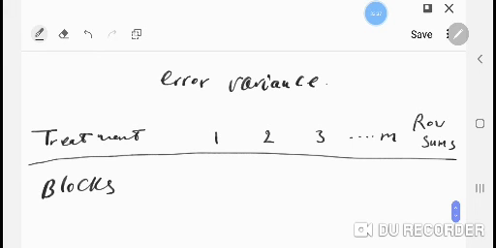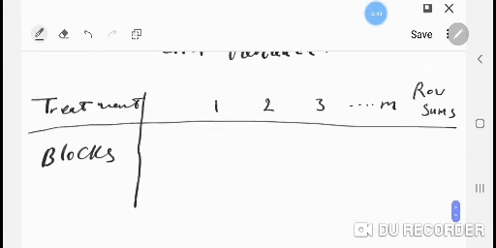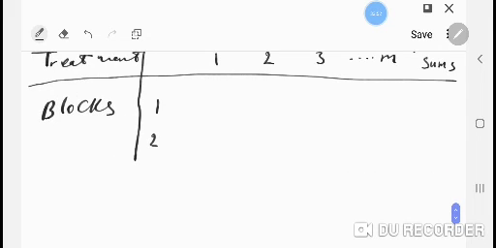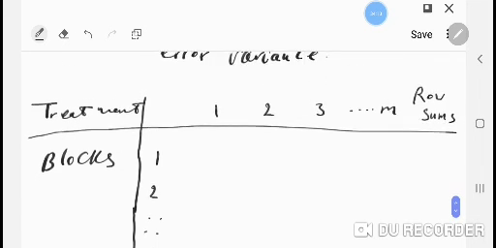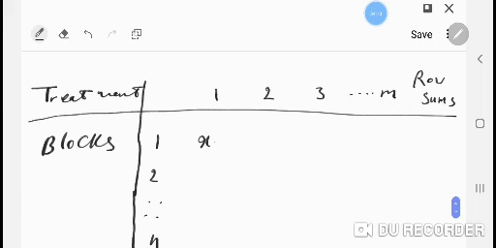For example, for analyst and the block in method, analyst is 1, 2 and n. And here is column sum. The n methods: x1 1, x2 1, x3 1, xm1.